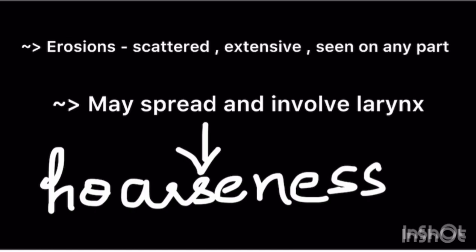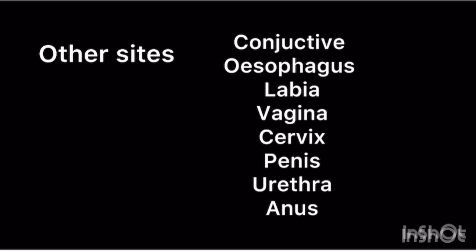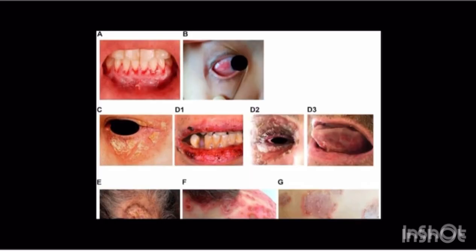They are painful, and the patient feels difficulty in eating and drinking also. The erosions are scattered and extensive, and they may be seen on any part of the oral cavity. And if they involve the larynx, they will cause hoarseness of the voice. Patient is unable to drink and eat. Other sites include conjunctiva, esophagus, labia, vagina, cervix, penis, urethra. You can see the picture here.